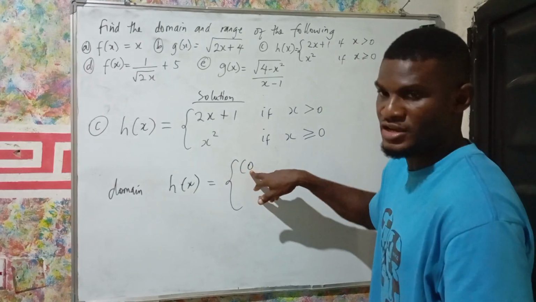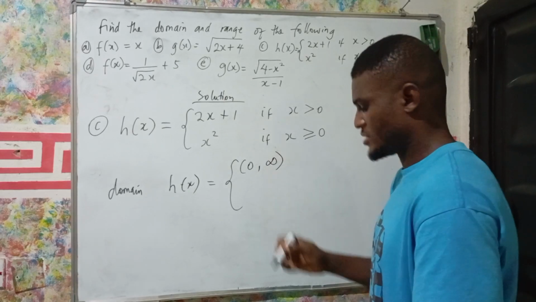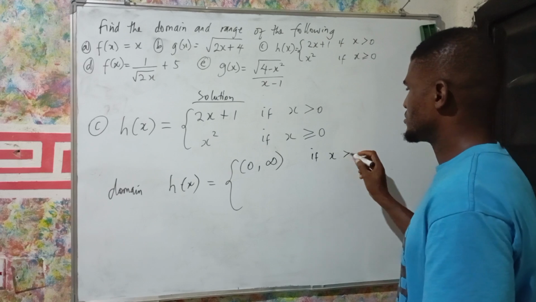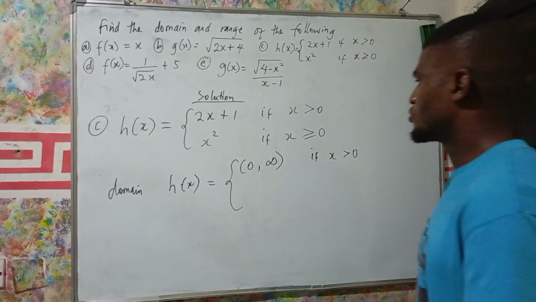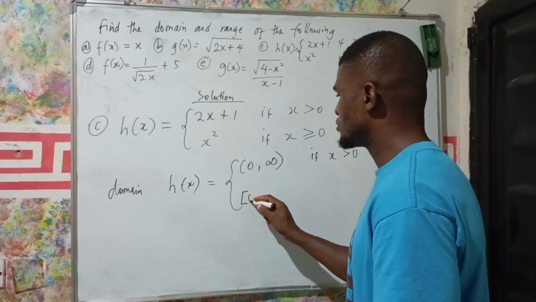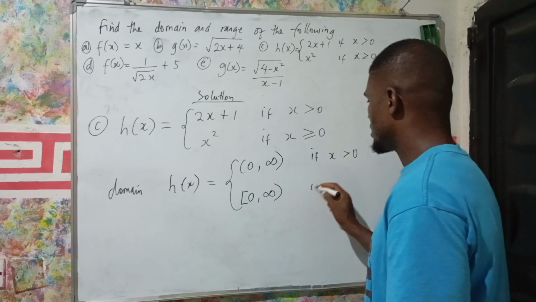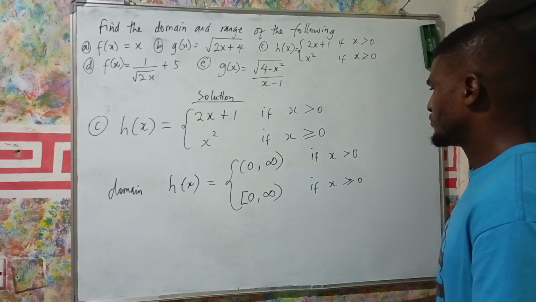Numbers that are greater than 0 and moves towards positive infinity if x is greater than 0, and also it will be a value that includes 0 moving towards infinity if x is greater than or equal to 0.